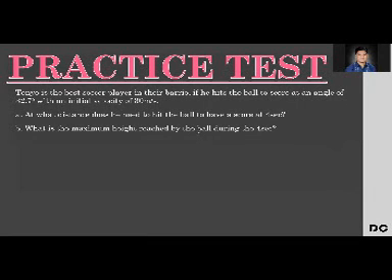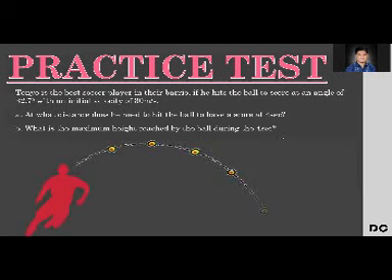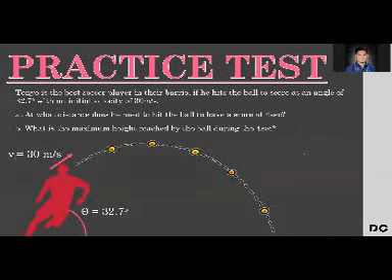Okay, so to illustrate, if this is Tonyo, then he hits the ball at an angle of 32.7 degrees with an initial velocity of 30 meters per second.